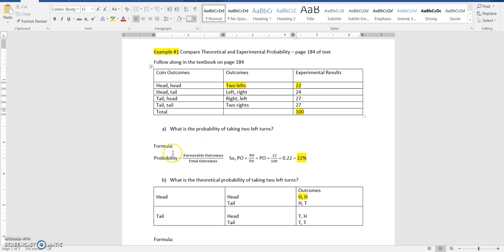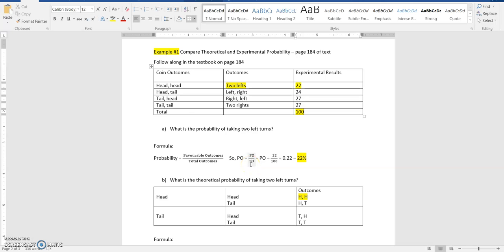So we have to remember our formula. Probability is equal to favorable outcomes over total outcomes. So right now our favorable outcome is 2 left turns. So we know that happened 22 times out of 100. If you divided the top number by the bottom number, you would get the decimal number, which is 0.22. If you multiplied that by 100, you would get 22%.